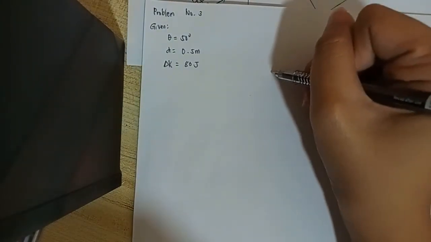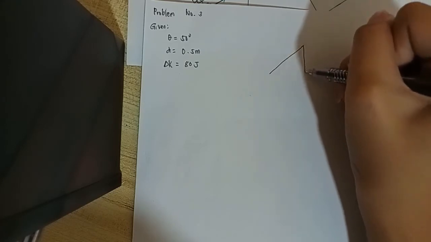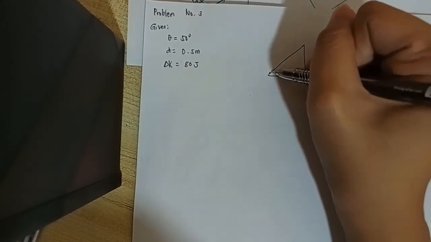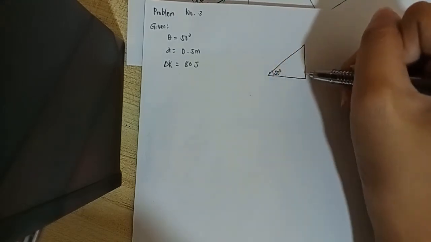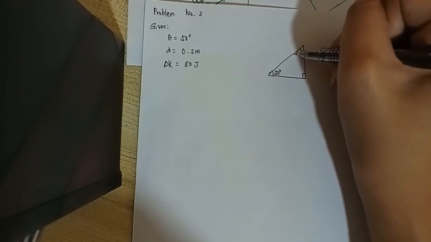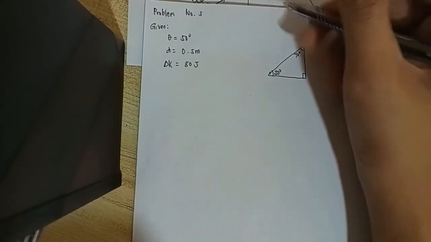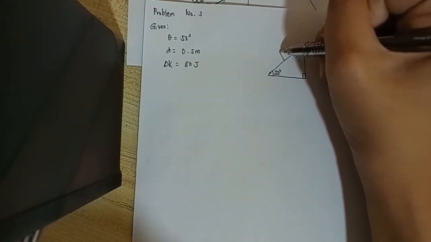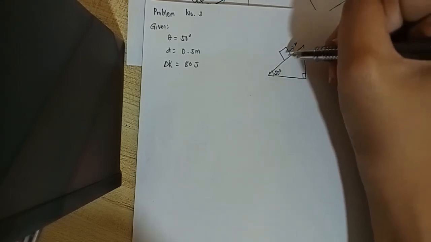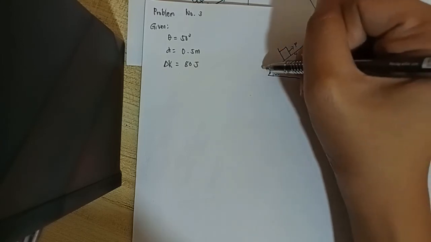I forgot to write the force, which is equal to 50 Newton, but I will correct that later. I've drawn the FBD there. That's 50 degrees, and it's a right triangle, so that will be 90 degrees. And the other angle would be 40 degrees.